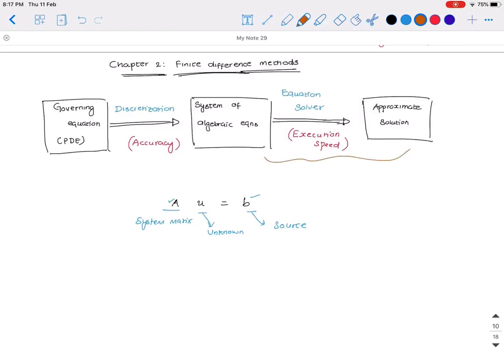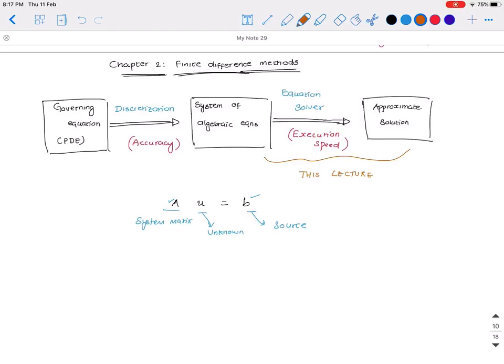This is the focus of this lecture. There are thousands of methods available, and we are going to discuss some basic methods to obtain numerically the solution of the system of linear algebraic equations.